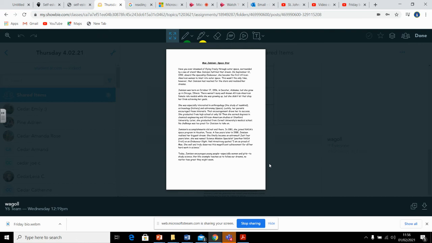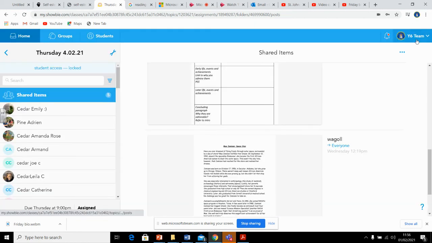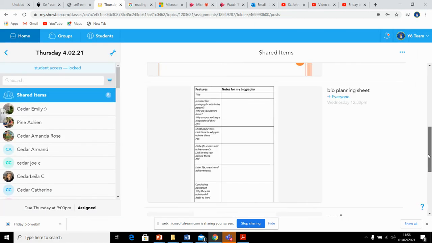Okay, so as you can see, it does tell her life over the following paragraphs, from her younger days to what happened when she made her biggest achievements, and then her later days, in the third or fourth paragraph, and then a conclusion.